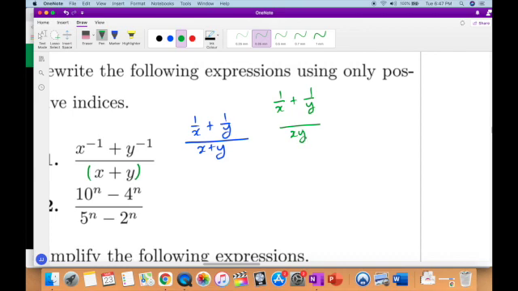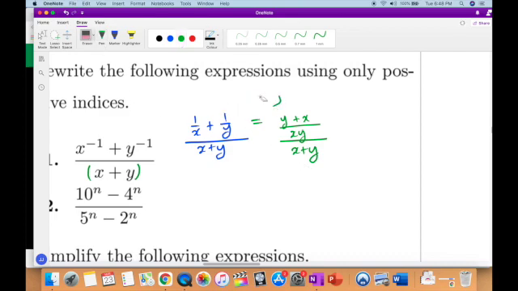And then the x's cancel, so I'll get y, and then the y's cancel, so I'll get x. Right? So therefore, 1 over x plus 1 over y is actually equal to x plus y over xy, all divided by x plus y. Do you all understand how I got from here to here?